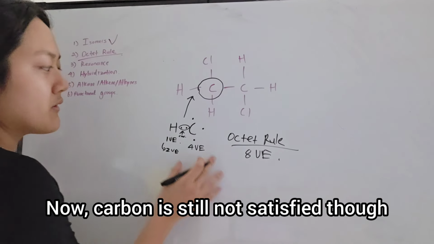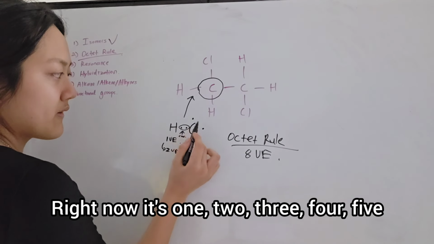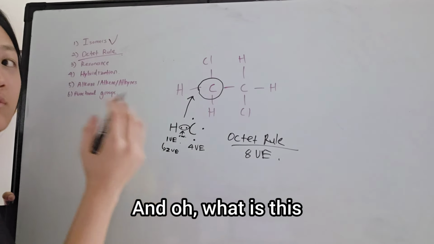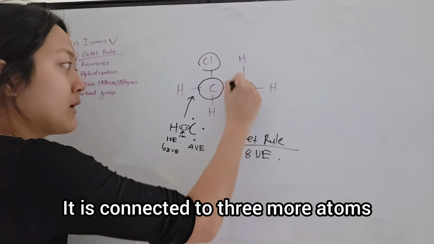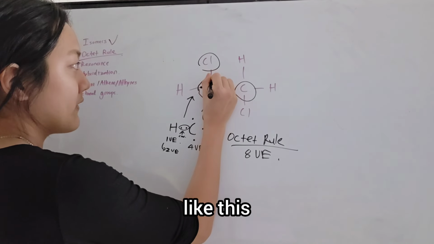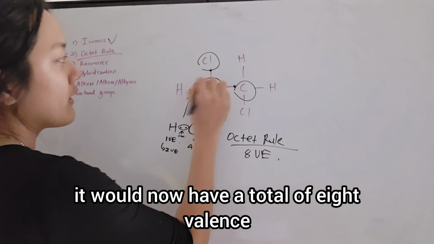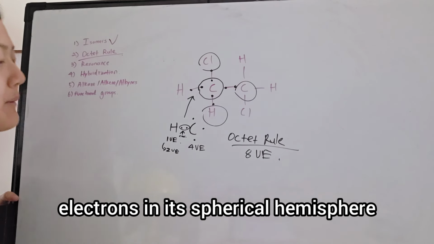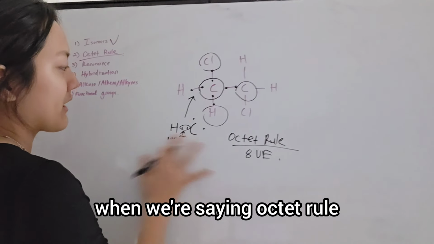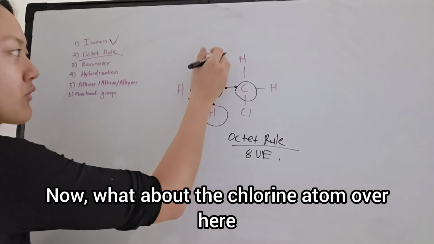Now, carbon is still not satisfied though. Carbon wants how many more electrons? Right now it is 1, 2, 3, 4, 5 valence electrons. Now it needs 3 more. And, oh, what is this? It is connected to 3 more atoms. So, if we draw this out like this, it would now have a total of 8 valence electrons in its spherical hemisphere that satisfy its octet rule. So that is what happens when we're saying octet rule. We want each atom to be stabilized. Now, what about the chlorine atom over here?